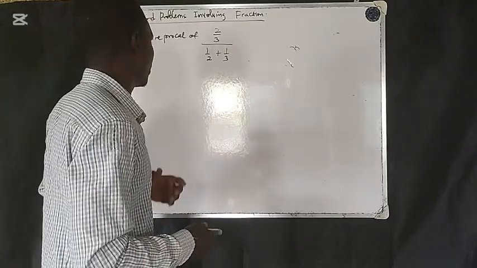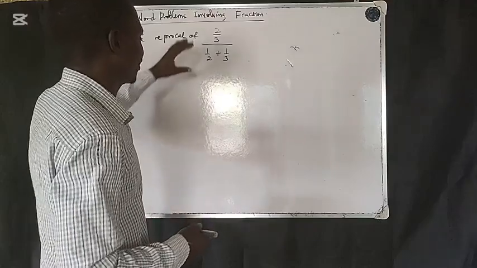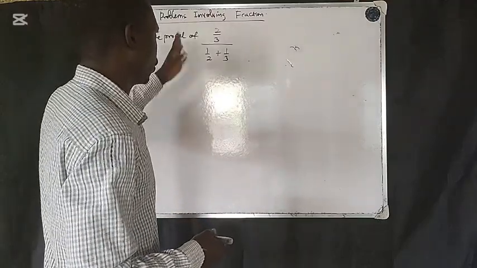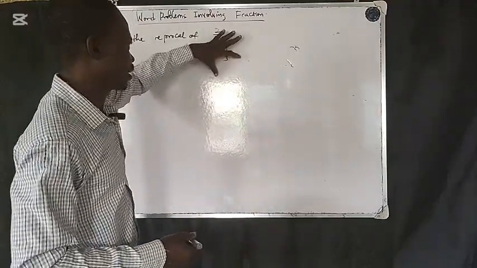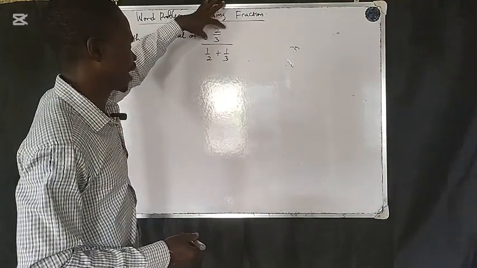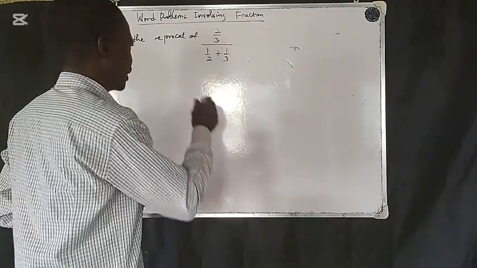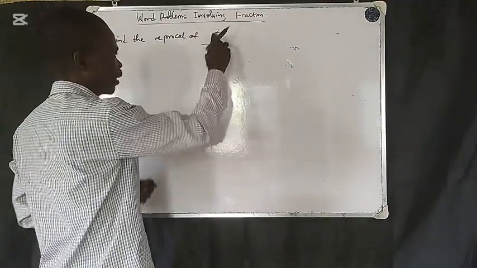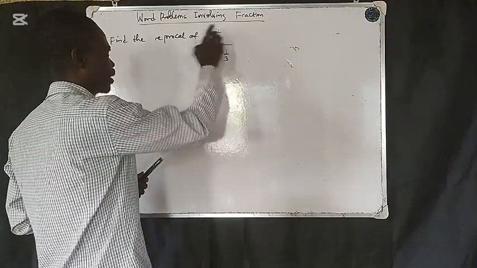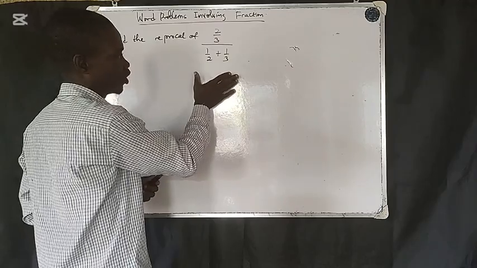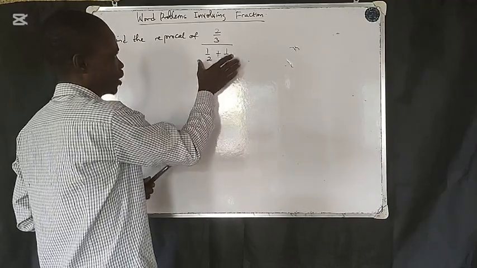So what is the meaning of reciprocal? If you have to find the reciprocal of this fraction, all you do is carry the denominator up and carry the numerator down. That's the meaning of reciprocal. That means that instead of 2 over 3 being your numerator, it will be your denominator. Why will the denominator go up?